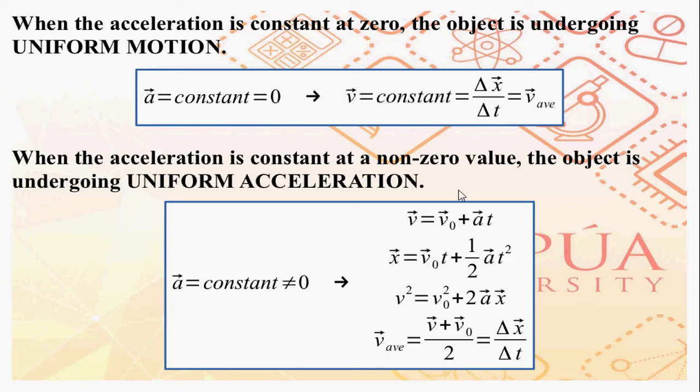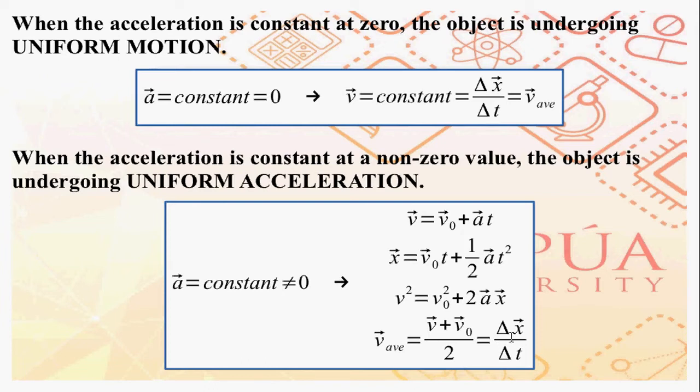And for uniform acceleration, you have four equations by which you may analyze the system. v = v0 + at. x = v0 t + 1/2 a t². v² = v0² + 2ax. The average velocity is just equal to the average of the final velocity and the initial velocity, so you have v average = (v + v0)/2.